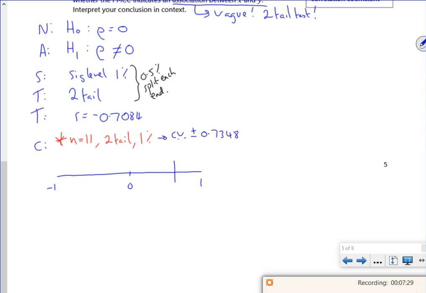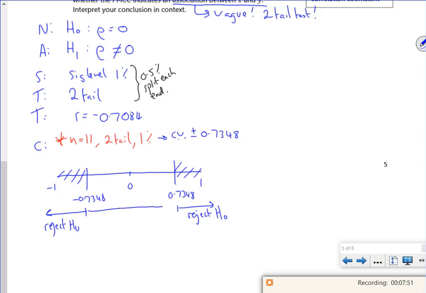So here is 0.7348, and anything up there is a reject, and here's minus 0.7348. So if it's in here, I reject H0. My test stat is far enough away to say, do you know what, there's an issue here. Then I've got accept H0.